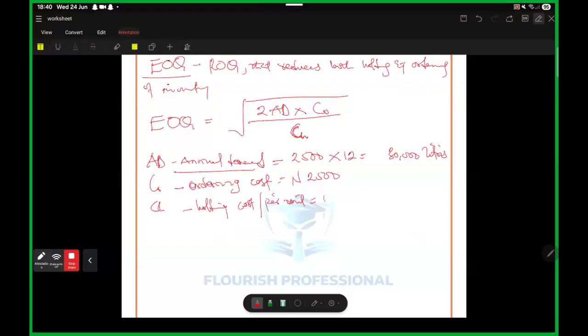So now we should calculate the EOQ, the economic order quantity. We have the annual demand as 30,000 liters times the cost of ordering, 2,500, all over the cost of holding, which is 6. Let's punch this into the calculator.